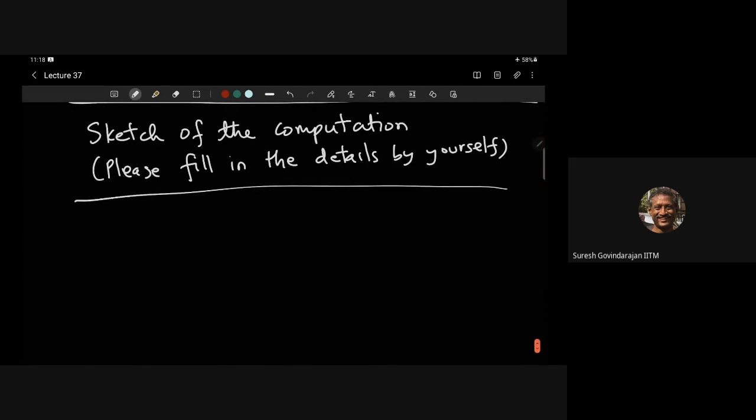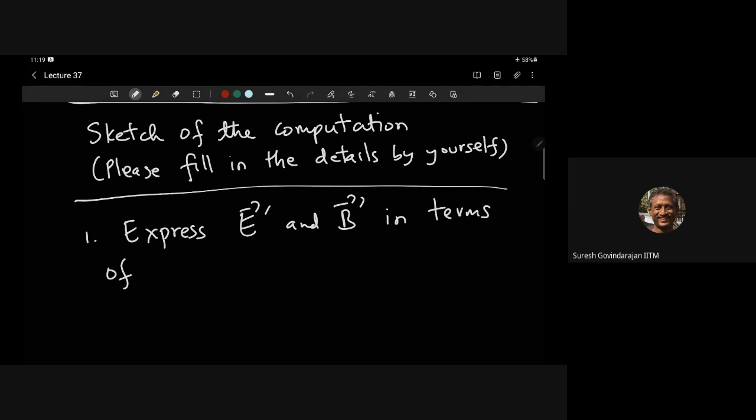So the first step is you compute, or rather express, E prime and B prime in terms of del, A and phi, and of course u.